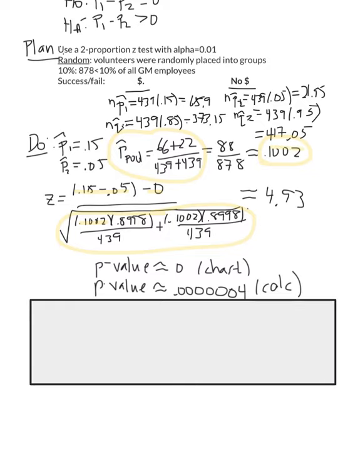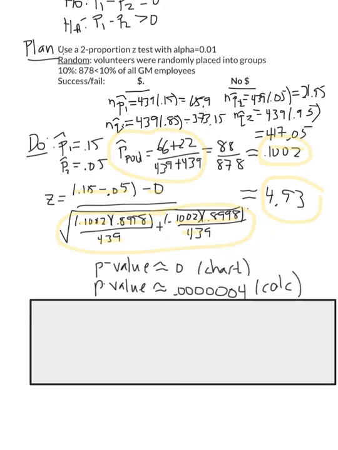And 1 minus 0.1102 is 0.8998. And we're going to divide that by the first sample, 439, and then do the same thing for the second sample, 439. Now, you can type this all into your calculator in one step, but you have to be cautious of parentheses. The other thing you can do is run a two-proportion z-test, and it should give you approximately the same z-score.